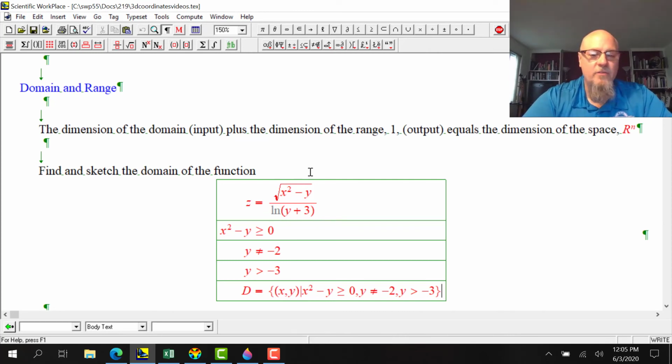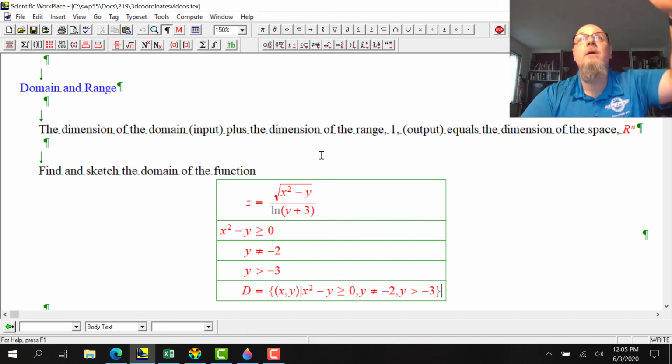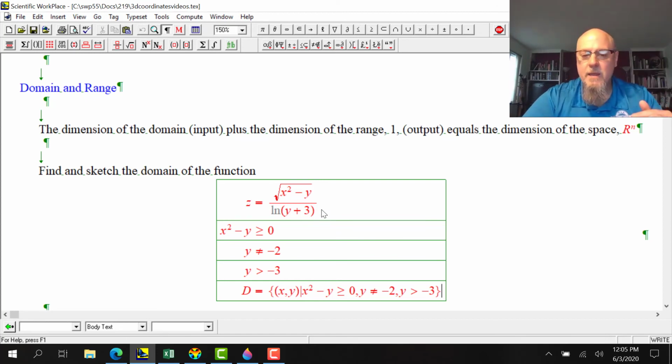Whatever this positive thing is up here, if I make y close to minus 2, this would be like x squared plus 2-ish. And so I can make x different and make this square root thing as big as I want, divided by almost 0. So I can make the z shoot off to infinity.